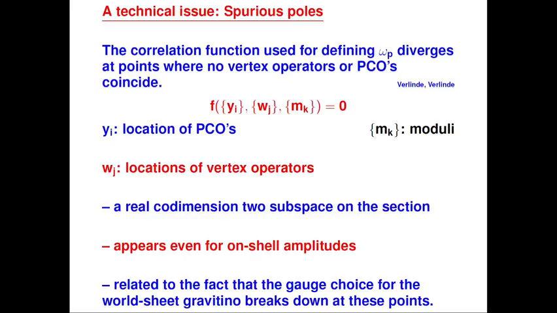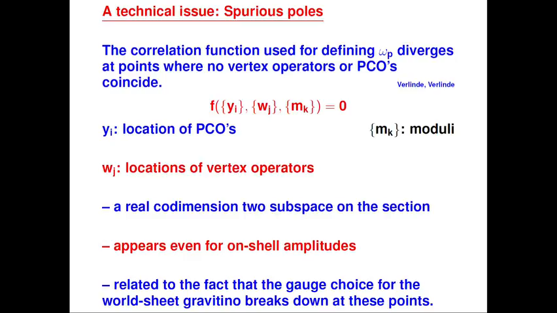So, there is a physical reason why spurious poles appear. Nevertheless, we have to find a way to get around it, because a typical section that you choose will intersect the spurious pole on a codimension 2 subspace, and the question would be how to integrate through the spurious pole. After all, you want to integrate omega over a section to define our off-shell amplitudes. So, is this point clear?